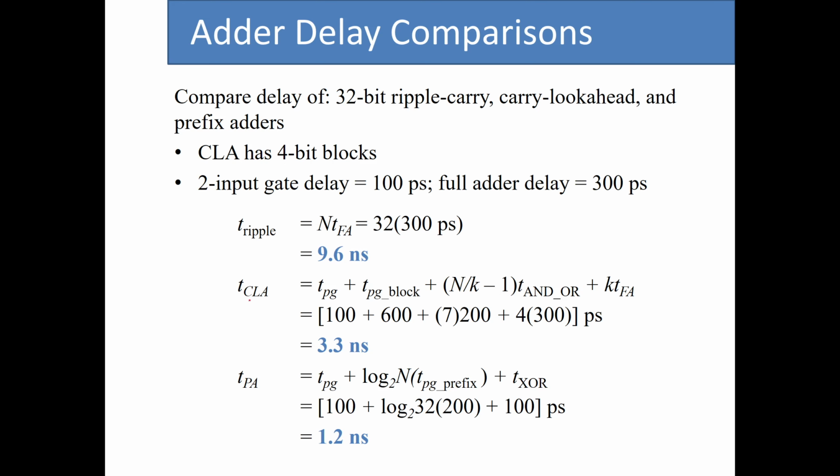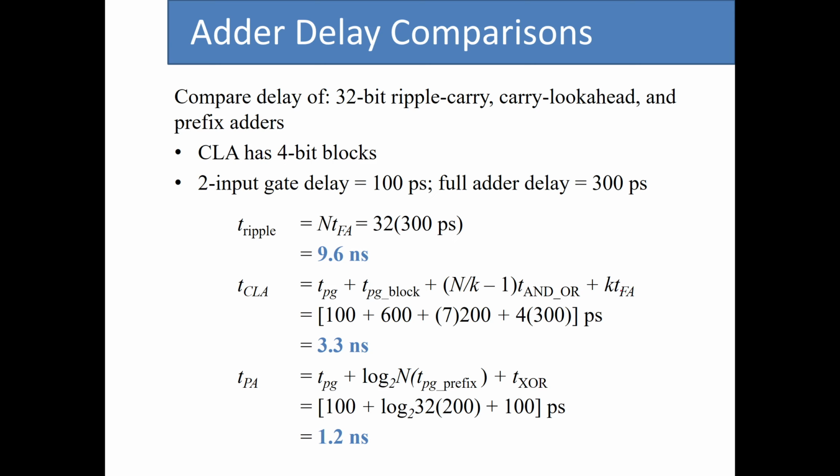For the carry look ahead, we have the TPG, which is basically the delay of a single gate. The TPG block is equivalent to a delay of 6 2-input gates. Then we have n divided by k minus 1, times the delay of OR gates, and then k multiplied by the delay of a full adder.